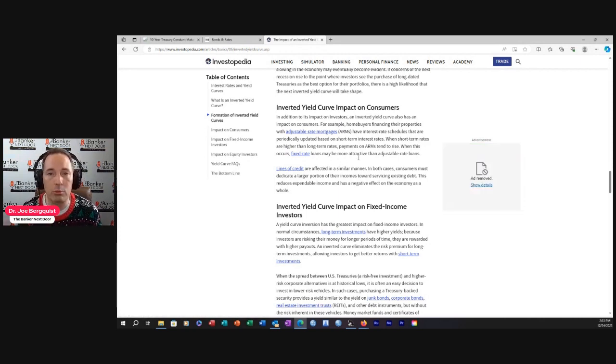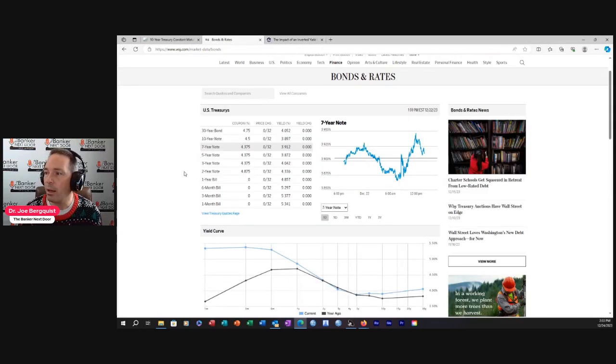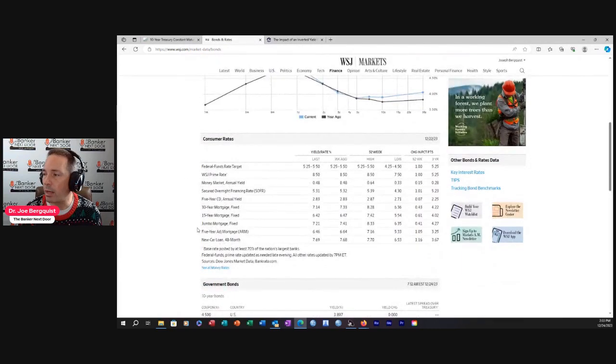So let's think about this for a second. What's more attractive right now? Let's go back to rates for a second here. You have your 15-year mortgage rate, you have your 30-year mortgage rate, and you also have the 5-year adjustable mortgage rate, an ARM, which is at 6.46%, whereas your typical 30-year mortgage is at 7.14. So that's a pretty big difference.